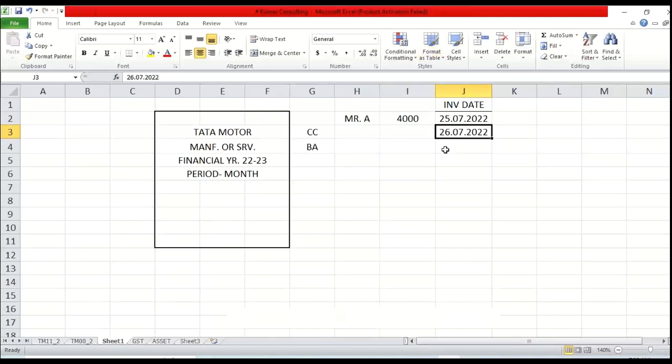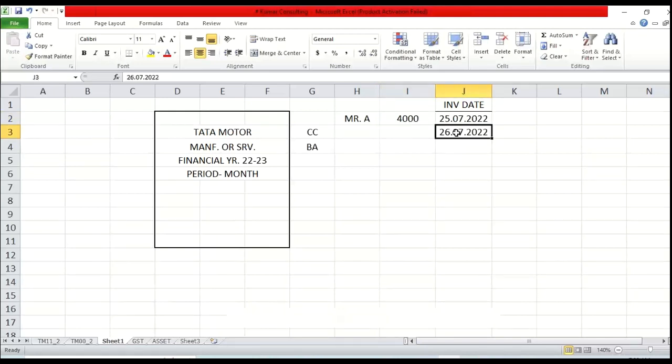But what happened? Tomorrow once he came, he forgot to post this invoice into the system, in the sense the legacy system. So what is happening, guys? The invoice was received on the 25th, but it was not posted.